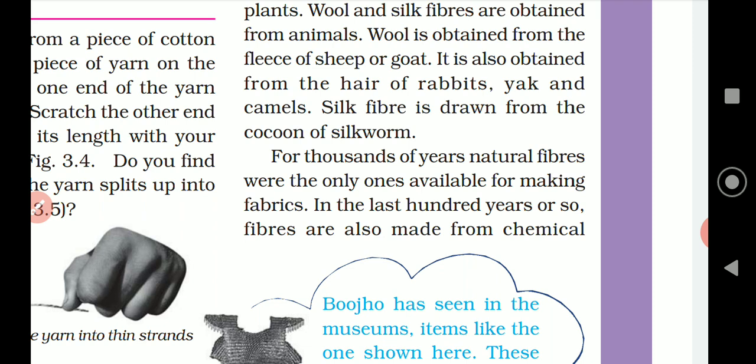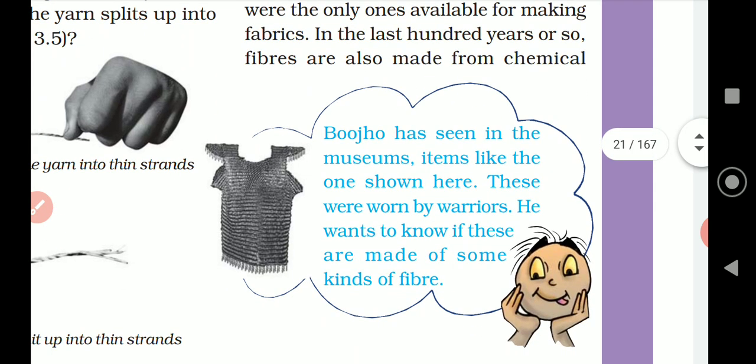So in the last 100 years or so, fibers are also made from chemicals. Later on, chemicals began to be used for making fibers. Initially, we all used to wear natural fabrics, and they were so good for the body and the skin. But nowadays, everything is made up of chemicals, right?